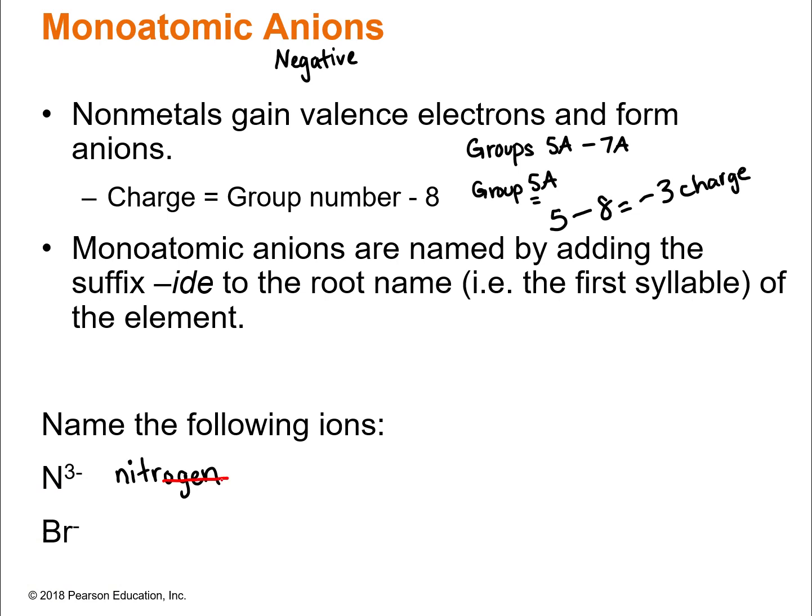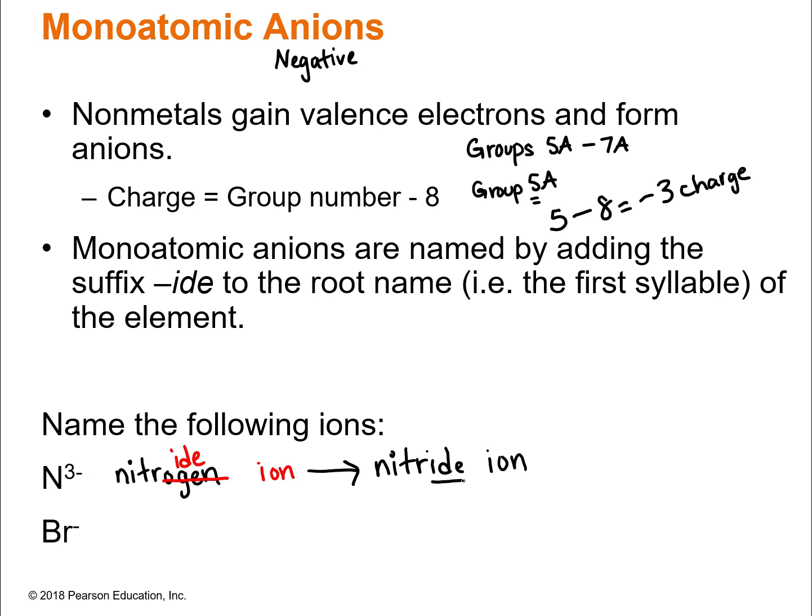NITR, that's kind of the first syllable, the root of the element name. Replace everything else with IDE and write the word ion. So that what you have is the nitride ion.